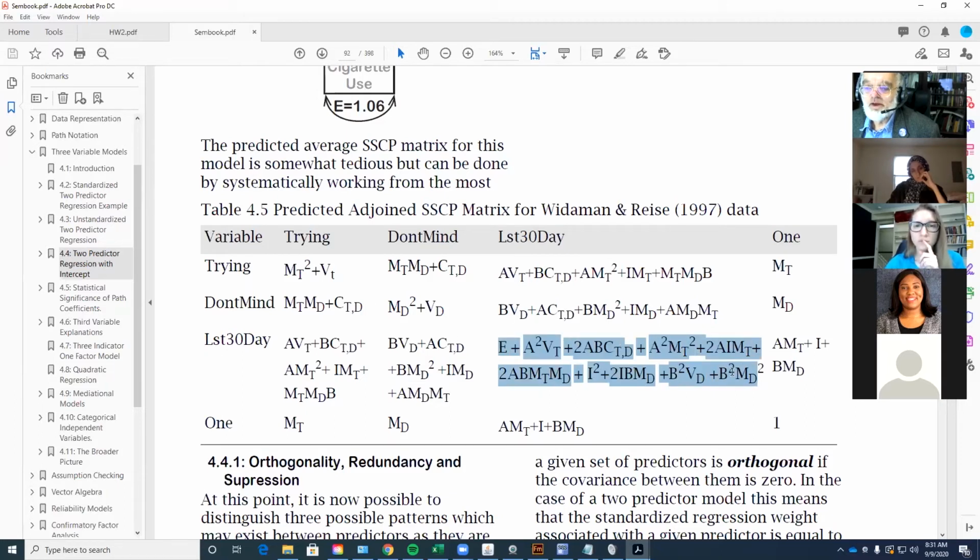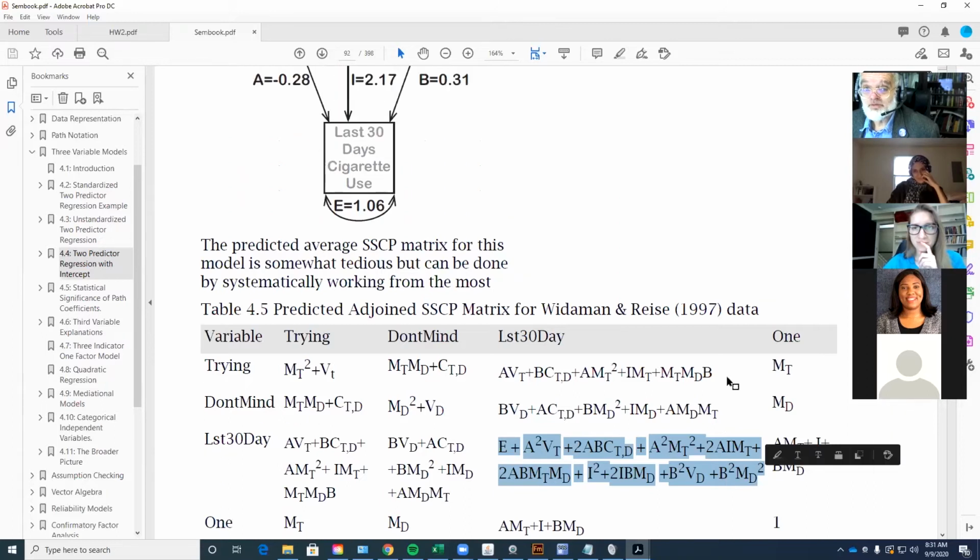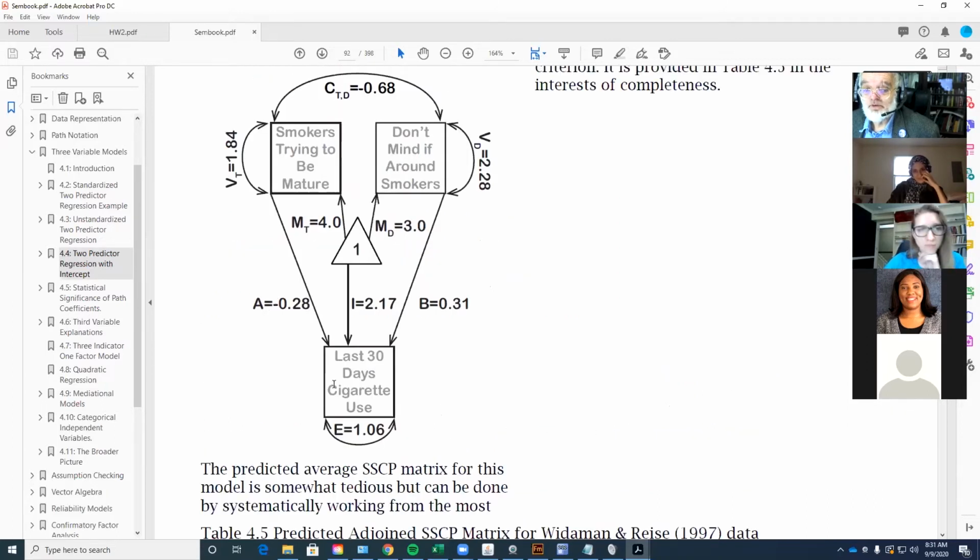Notice that the average sums of squares associated with the criterion gets to be a big ugly thing. Don't worry about it. Computers do this for you, okay? Conceptually, what's important to know is you can kind of play the game outside of the column of ones and you'll get the variance components that Joy mentioned before.